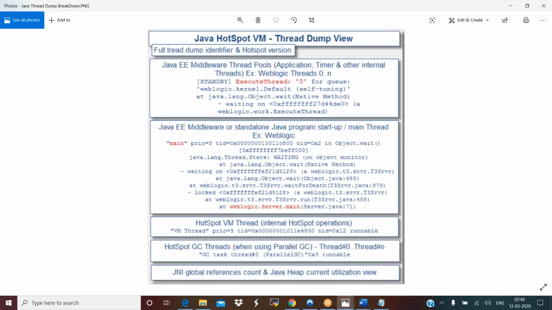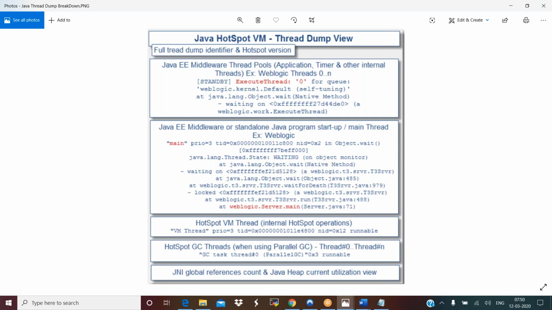But when you go with application-created custom threads, we are still not sure how they'll behave. Basically, that is not a best practice. So we always use application servers which completely take care of creating and managing the threads, which happens automatically from the middleware software side.